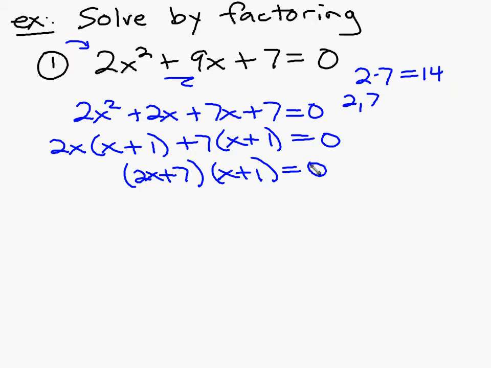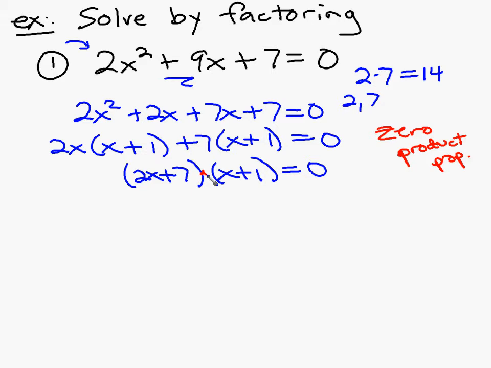Now, there is a very important property that we use when we're solving these equations. It's called the zero product property. And what this property says is that if I have two things multiplied together, like we do here, and they equal 0, doesn't one of them have to be 0?